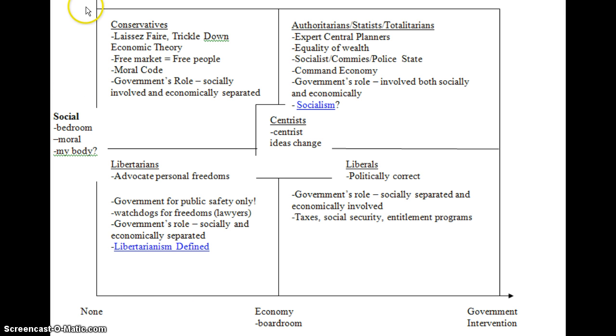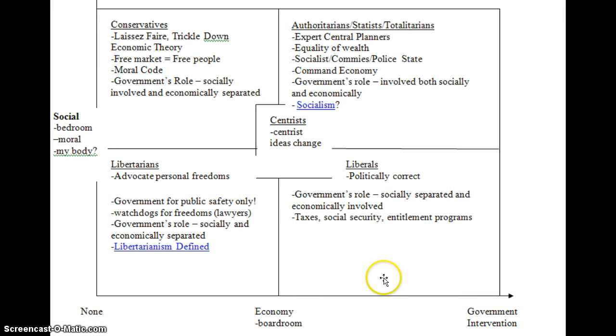So if you're way up here, you think that government has a moral obligation to regulate the lives of individuals, and we'll get down to some specifics of what I'm talking about here in a little bit. And as you move further out to the right, you believe that government has a role in the economy in providing for citizens in that manner as well.